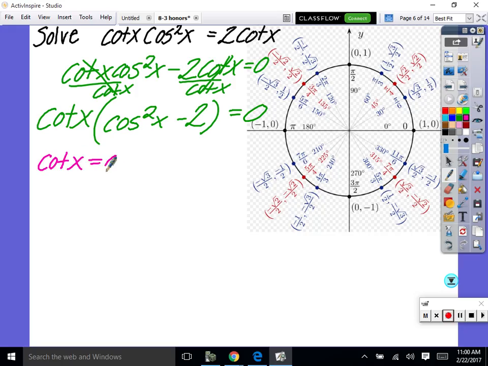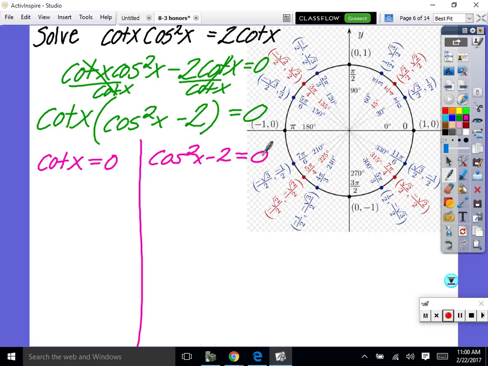So we have cotangent of x. When does that equal 0? And we're also looking at cosine squared x minus 2 equals 0. So I factored it. Now we can set our factors equal to 0. So then you have to say to yourself, what does cotangent really mean? Cotangent really means it's the reciprocal of tangent.